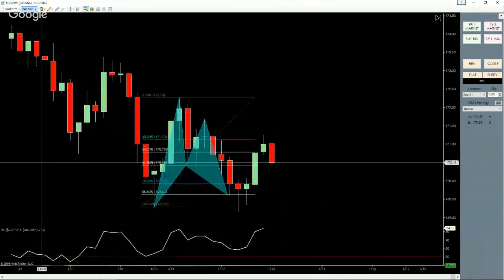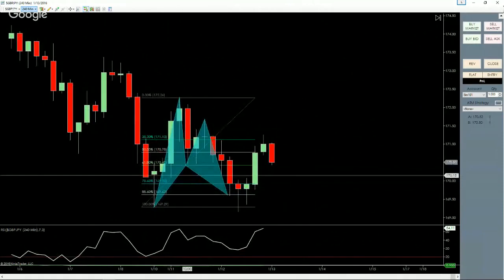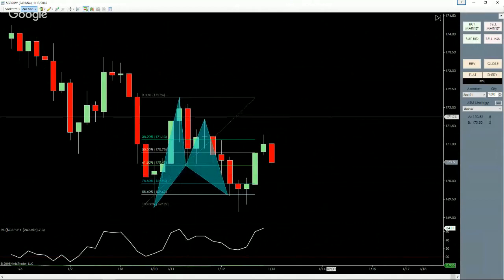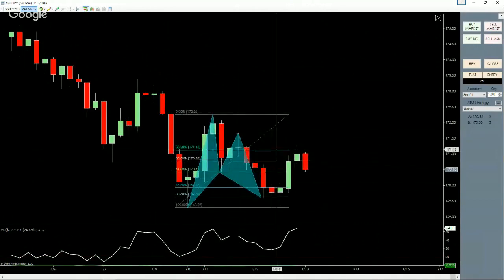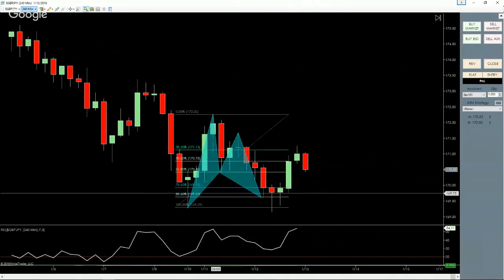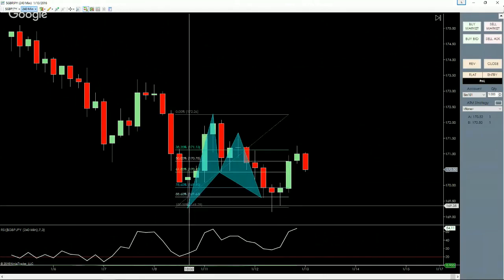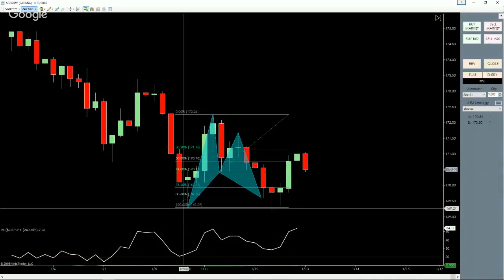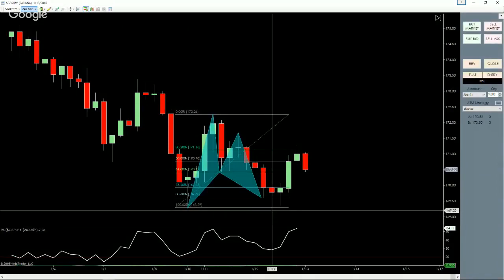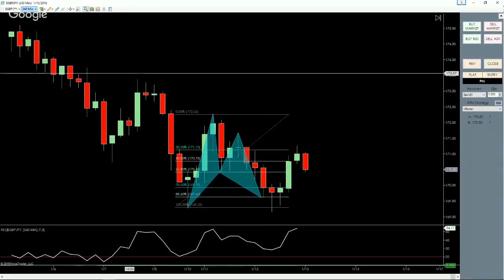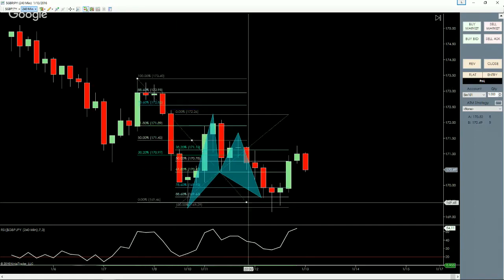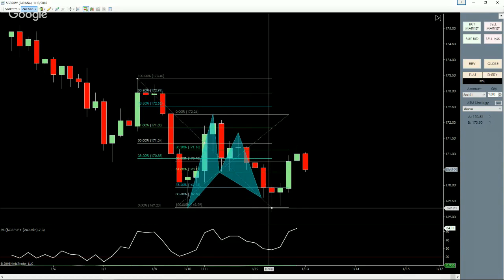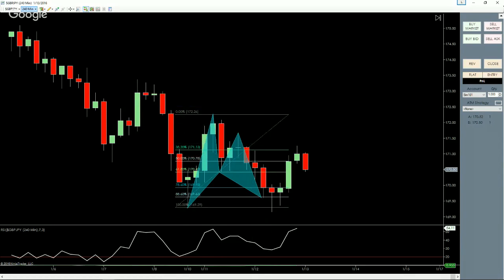I believe it was, no, it was actually a bat that we identified yesterday. Did complete, however, we identified two patterns from yesterday, and because this level was violated with this new low, that bigger pattern that we identified, which was the Gartley, is invalidated.